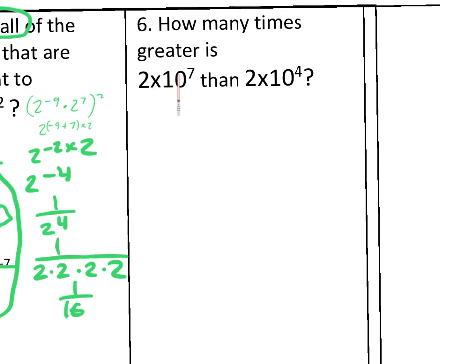So I would write 2 times 10 to the 7th power. So we got 2 with 7 zeros. So let's do 2, 1, 2, 3, 4, 5, 6, 7. The reason I know it's 7 is because I'm taking the decimal, which is just after the 2, and going 7 times. 1, 2, 3, 4, 5, 6, 7.